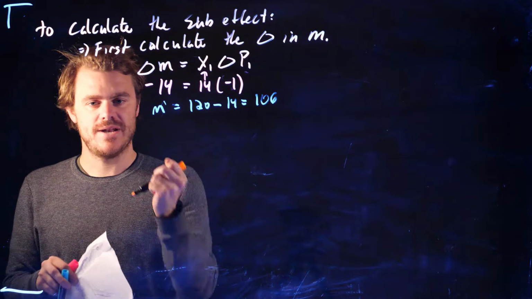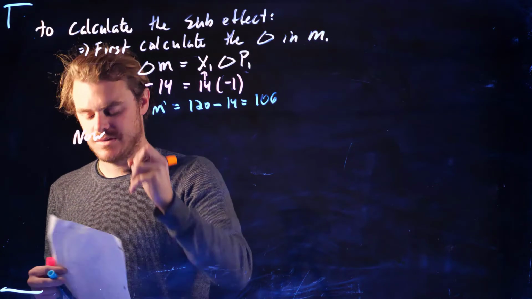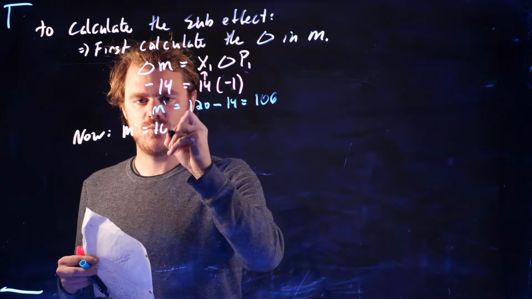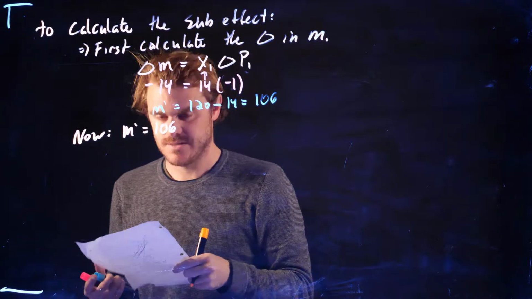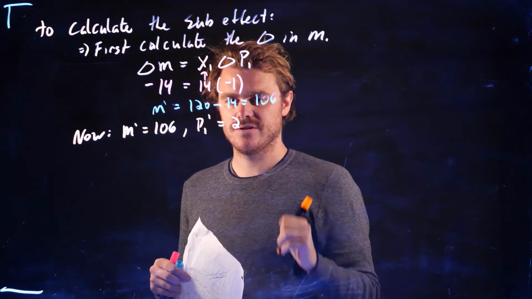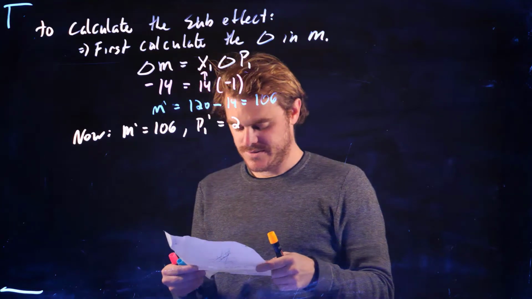So now M prime is 106. P1 prime is $2 because the new price is $2.